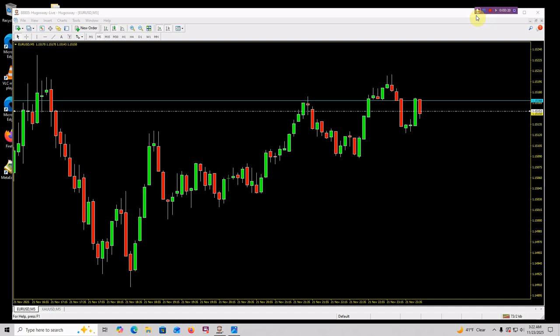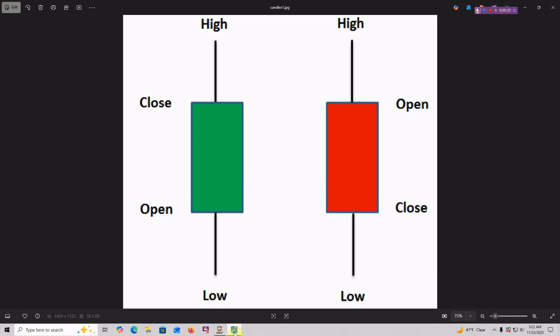And what I'm going to be discussing very quickly in this first part is something that you are going to need to be familiar with, and that is candlesticks. These are our candlesticks that we'll be using. You need to be familiar with the price points on each of these candles, the buy candle and the sell candle.